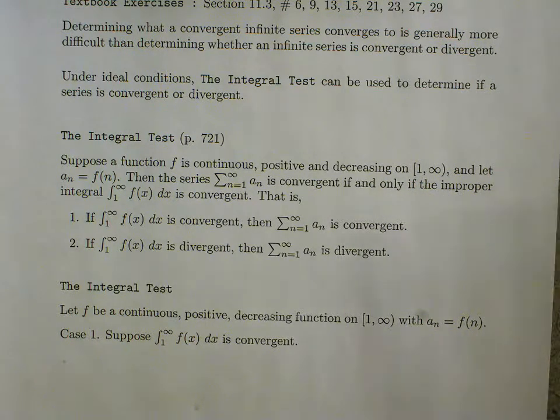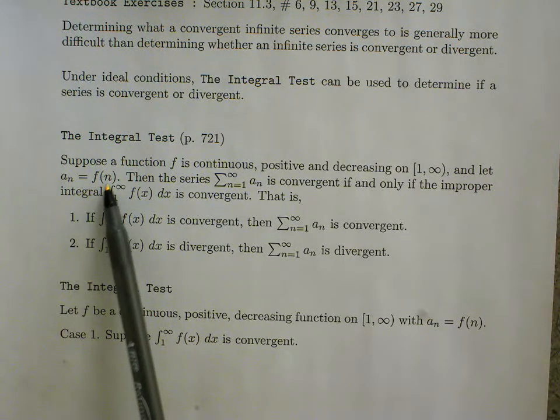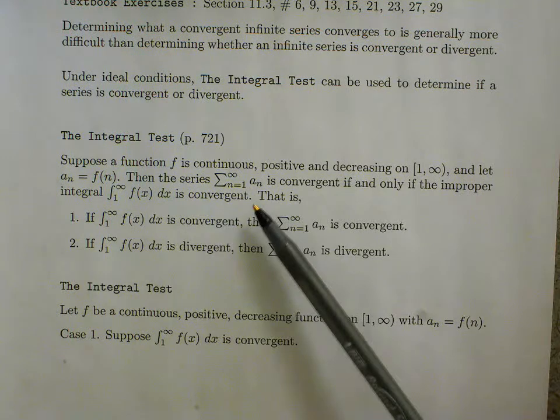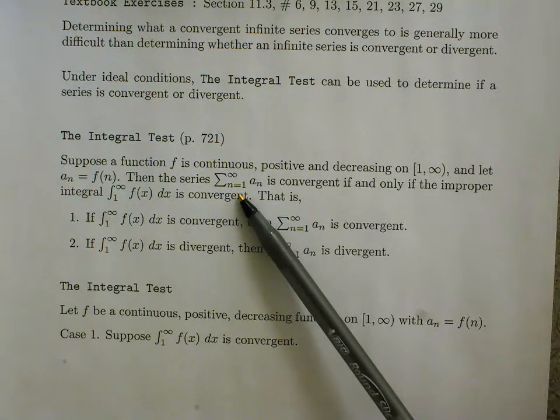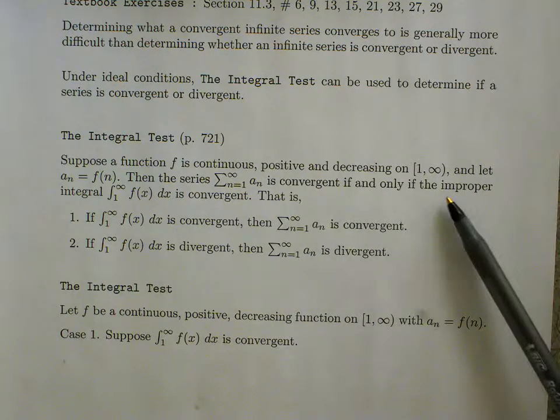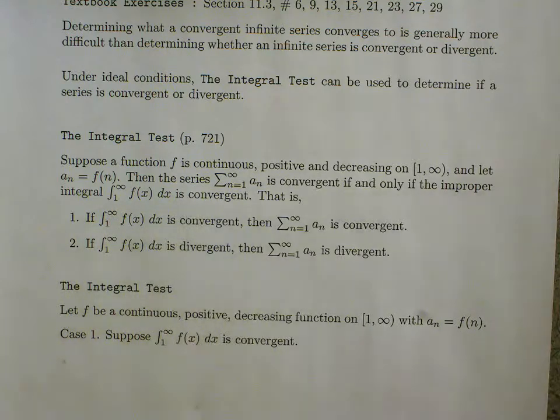And suppose that a sequence a sub n is equal to f of n whenever n is a positive integer. Then the series of the a sub n terms, as n ranges from 1 to infinity, is convergent if and only if the improper integral of f of x from 1 to infinity is convergent.